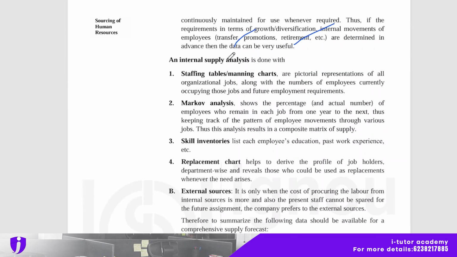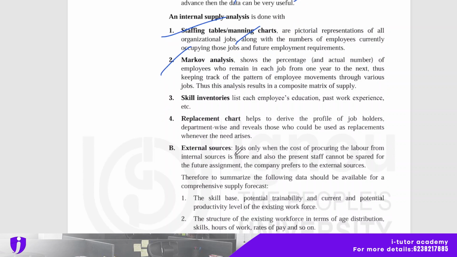Internal supply analysis is done with staffing tables and/or manning charts, that is, pictorial representations of all organizational jobs along with the numbers of employees currently occupying those jobs and future employment requirements. And Markov analysis shows the percentage and actual number of employees who remain in each job from one year to the next, thus keeping track of the pattern of employee movements through various jobs. Thus, this analysis results in a composite matrix of supply.